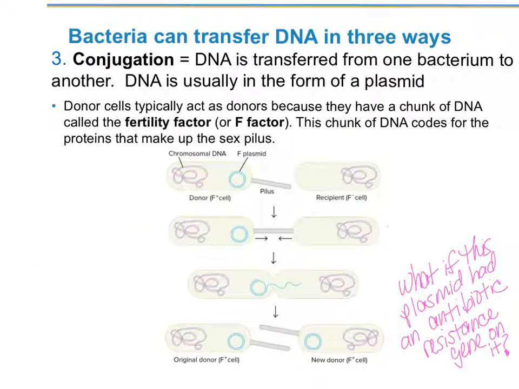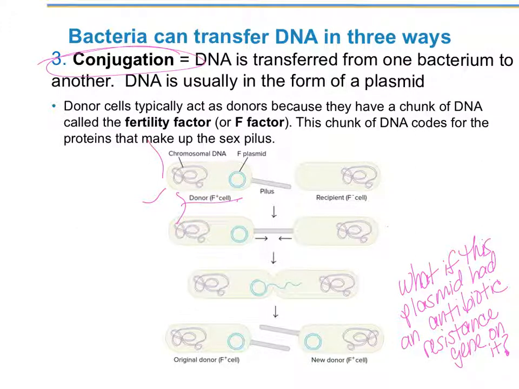The third way bacteria can obtain genetic variation is through a process called conjugation. Conjugation is a less random process. It's very directed at variation. Some bacteria have these things sticking off of them called pili. The bacteria that has a pilus is called a donor bacteria.